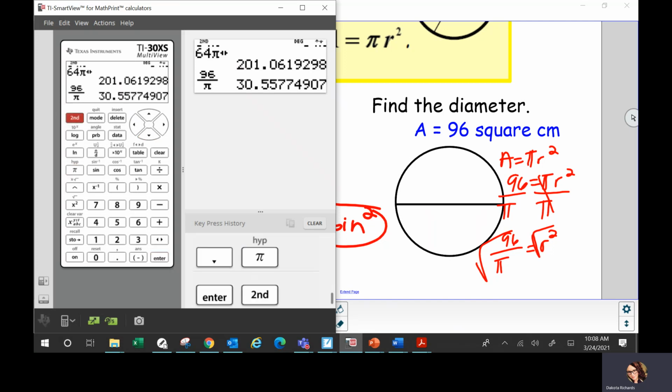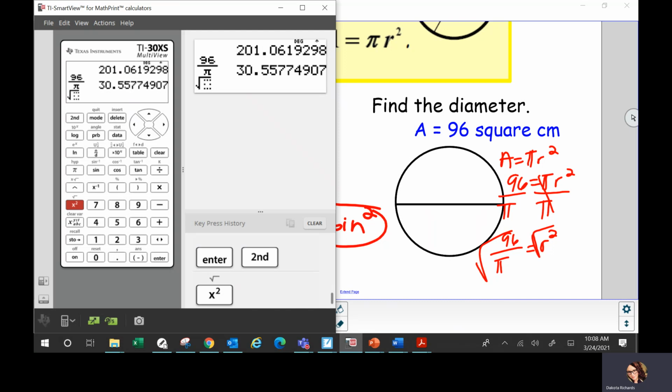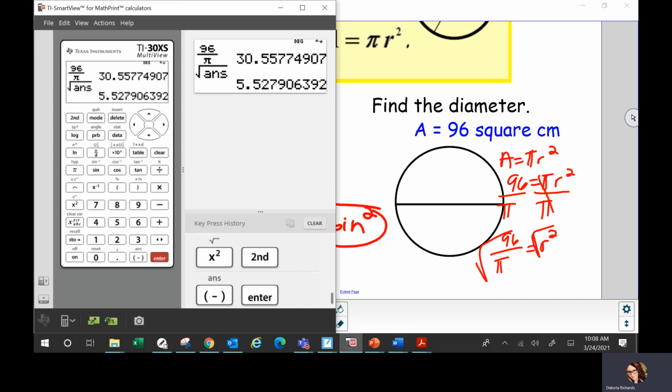Then take second square root of, and you can hit second answer, and it'll take the square root of whatever your answer was. I just, second, 5.5, yes.